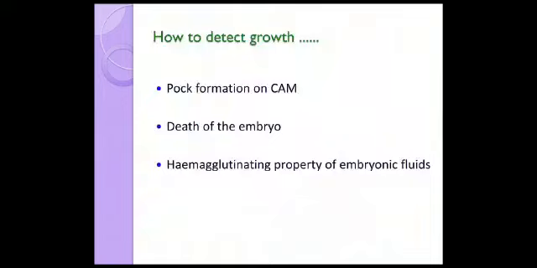How do you detect the presence of viruses or viral growth in the various parts? For example, pock formation on the chorioallantoic membrane, death of the embryo, or the hemagglutinating property of embryonic fluids.